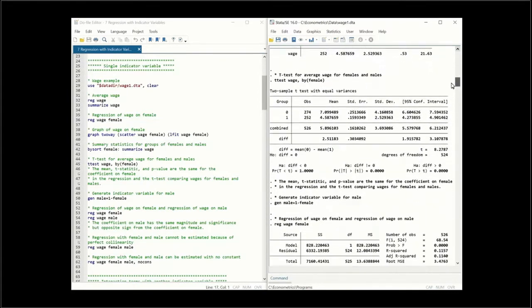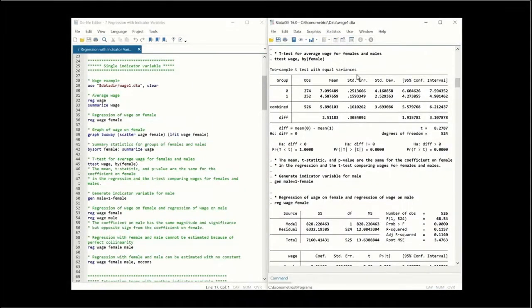If we want to do a more formal t-test to compare the average wage for females and males, here are the statistics. You will see these means are here again. This is the number of observations that are male, and this is the number of observations that are female. This is the total number of observations. So this is again the average wage for the whole group.